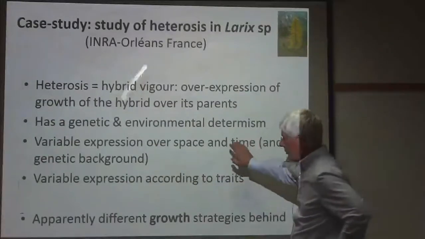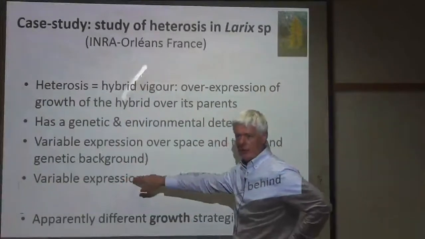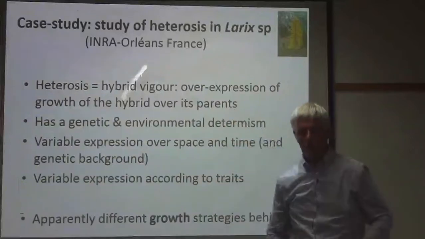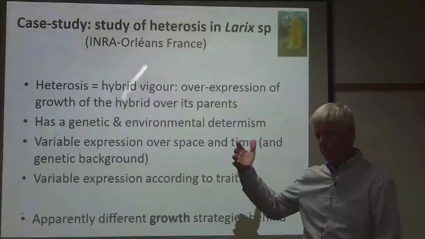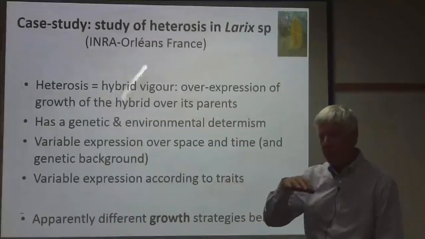And what we observe also is this level of heterosis is variable according to the traits. For example, for growth, you have heterosis. For wood density, this is just in between the parents.